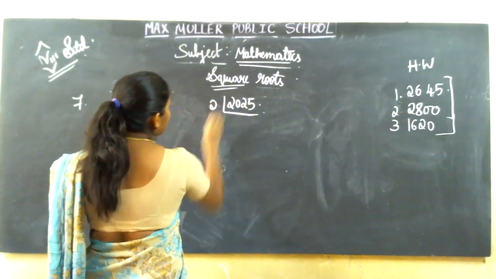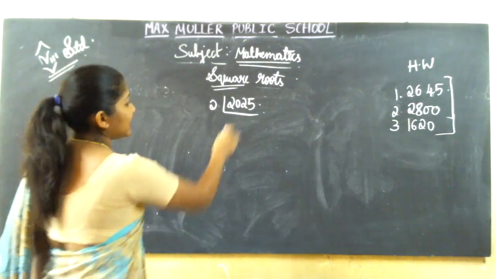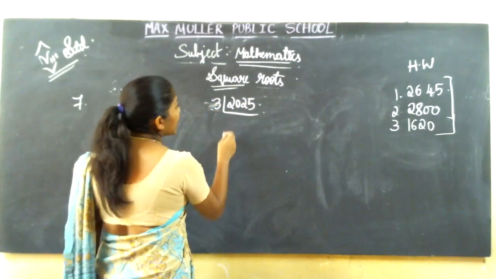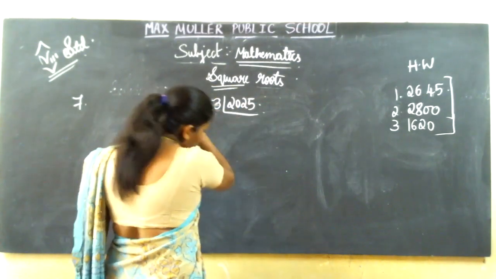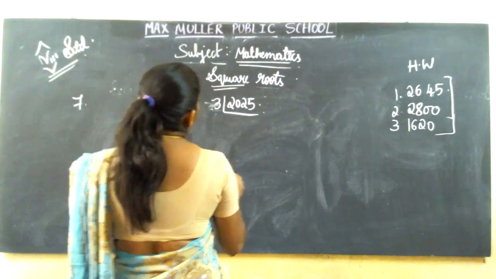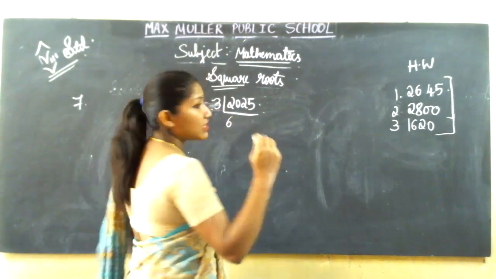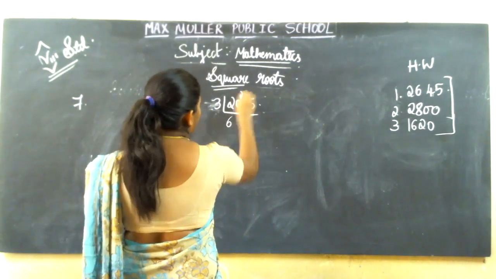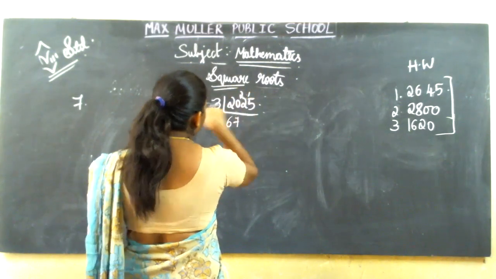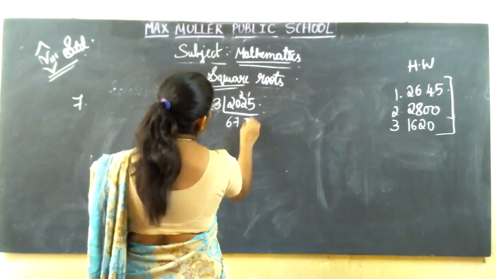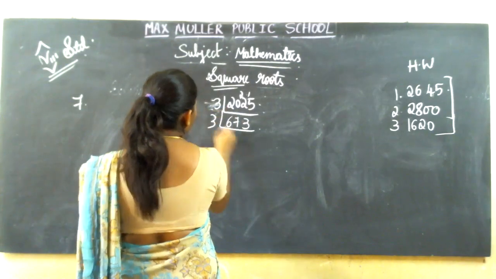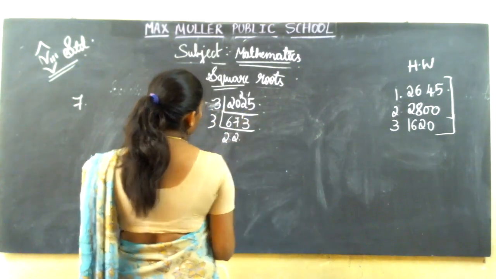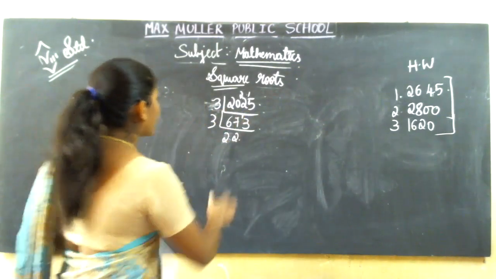2025, if you prime factorize, as the last number is 5, you have to divide with 5. Then 3 5s are 15, 3 6s are 18, 2 carry, 3 7s are 21, again 1 carry, 3 5s are 15, 3 2s are 6, and again 3 2s are 6, 1 carry.